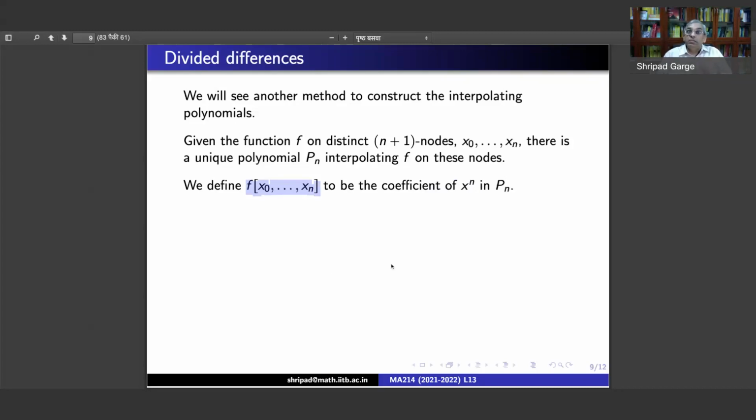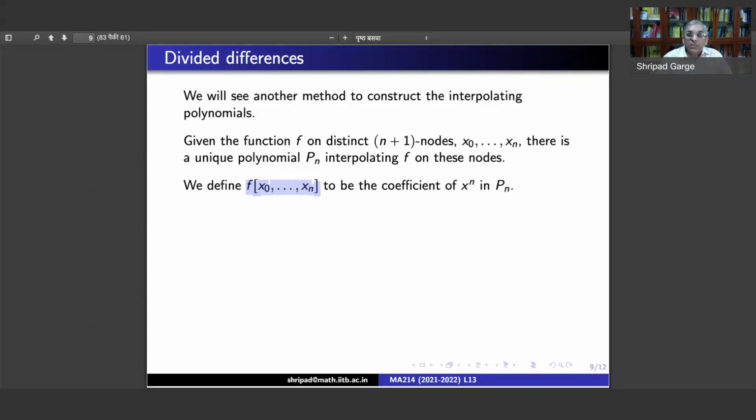This is our definition. This is called the nth order divided difference, but we will see the name later. We are using this particular symbol f square bracket x0 comma dot dot dot comma xn, and we call the coefficient of x power n in this Pn to be this function.